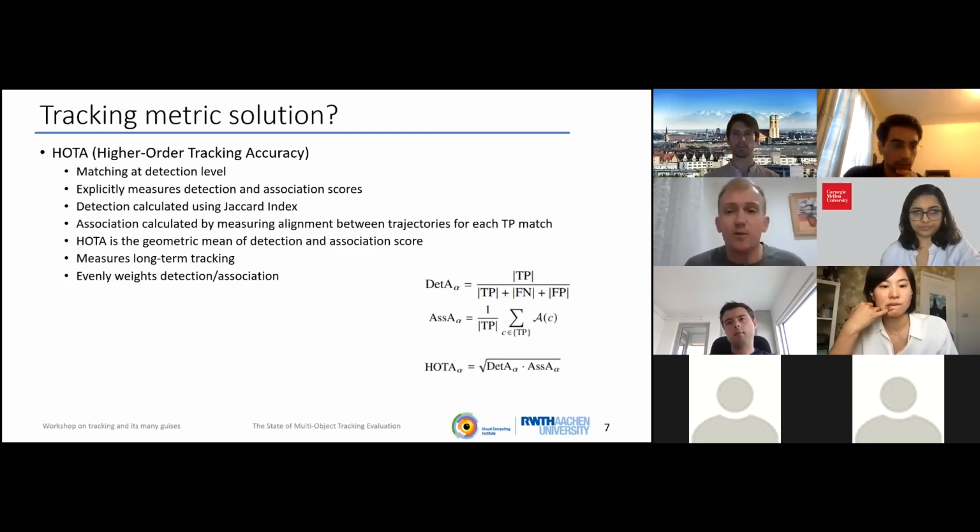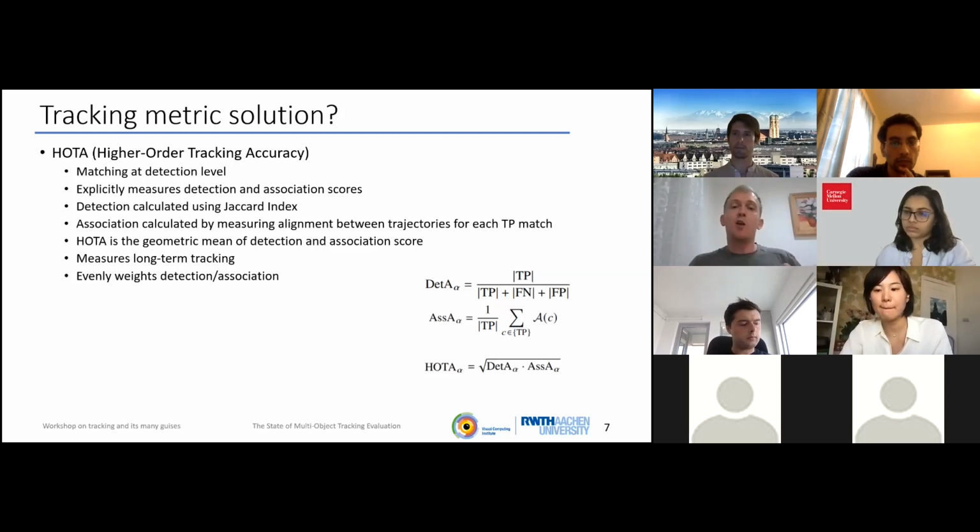The detection score, as you can see on the right, is simply a Jaccard index over the correct and incorrect detections. And the association score is what's novel here. It is calculated for every single detection match, so every single true positive: this match between this ground truth detection and this predicted detection, each of these belong to a trajectory.